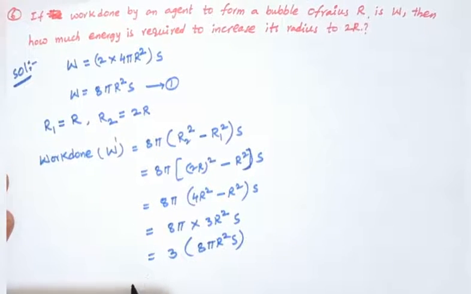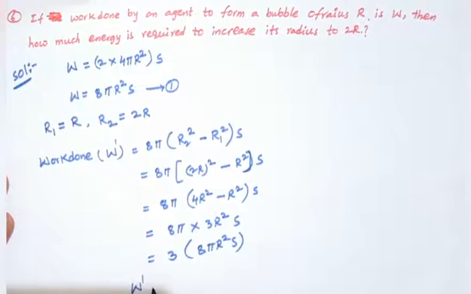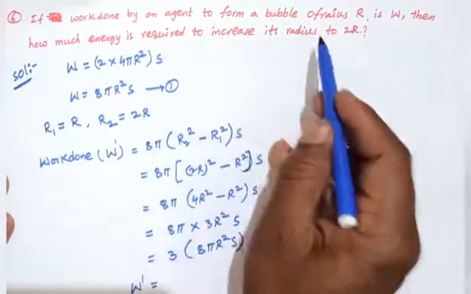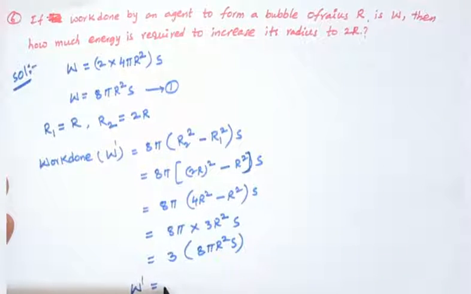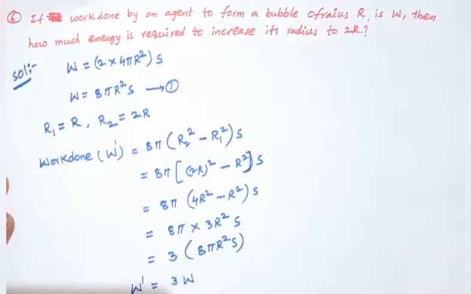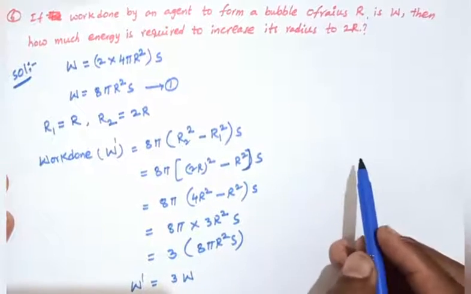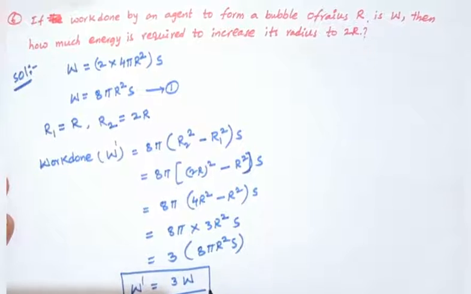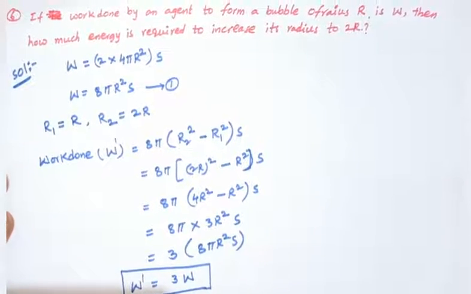Okay, the work done W dash, the excess energy, the energy required to increase, W dash equals 3 into W. Here the energy required is 3 times the work done.